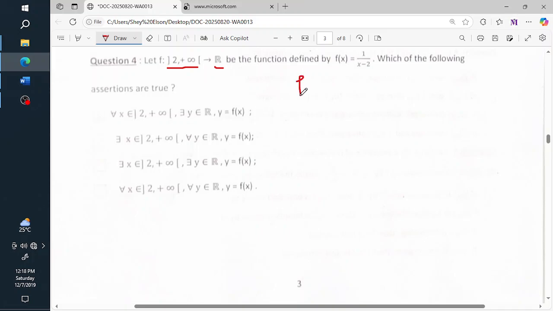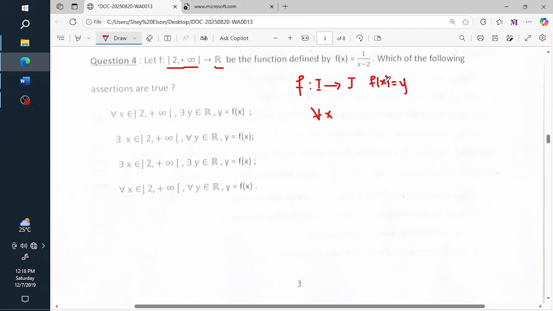So if I have a function f defined like this from a domain, maybe the interval I, to the codomain, maybe the interval j, what it means is that for every x, because my function is actually y equal to f of x.